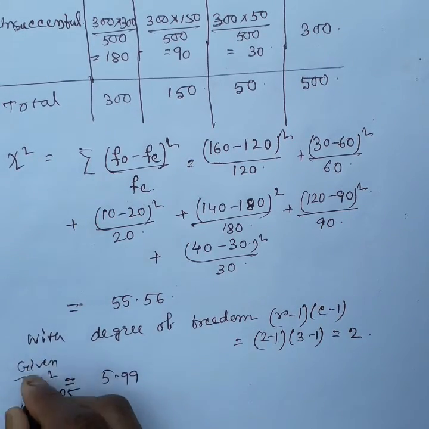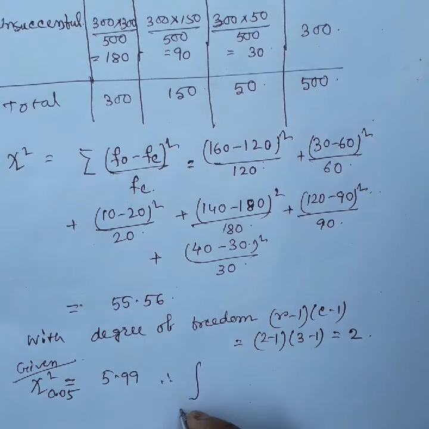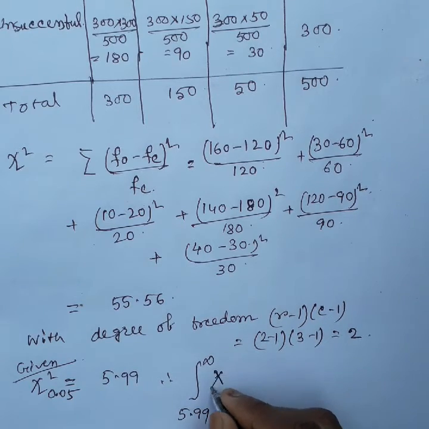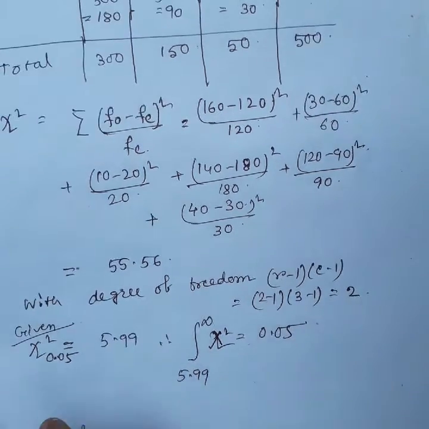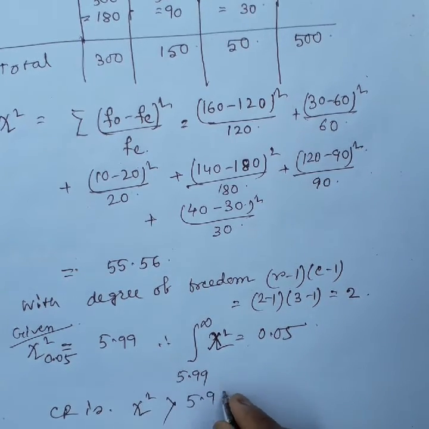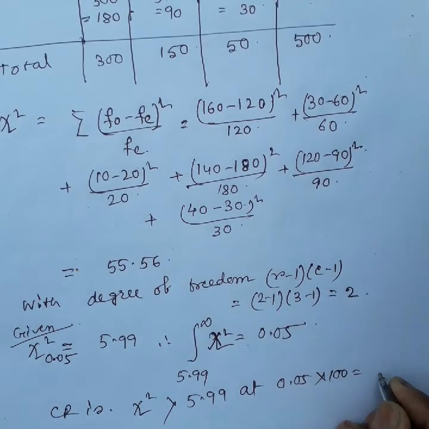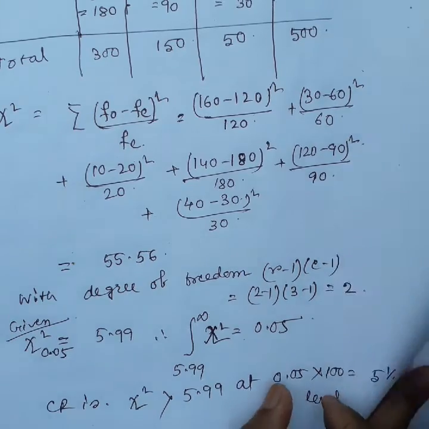So the integral from 5.99 to infinity of chi-square is equal to 0.05. That means the critical region is chi-square greater than 5.99 at 0.05 into 100, that is 5% level.